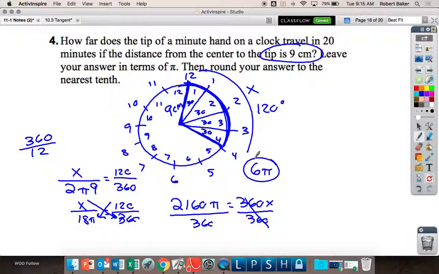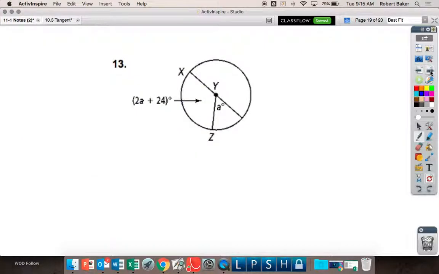Here's the last thing that I want to just briefly touch on: what if we have to do algebra to solve for degree measures? You're welcome. Man, I love this class. So, you're like, oh, algebra, no. What do you call this thing right here? A diameter. So how many degrees is this half of the circle? 180.